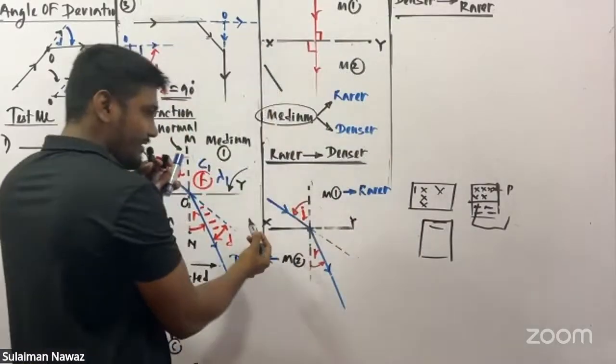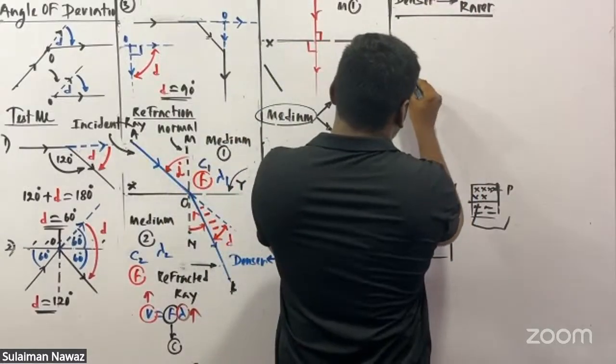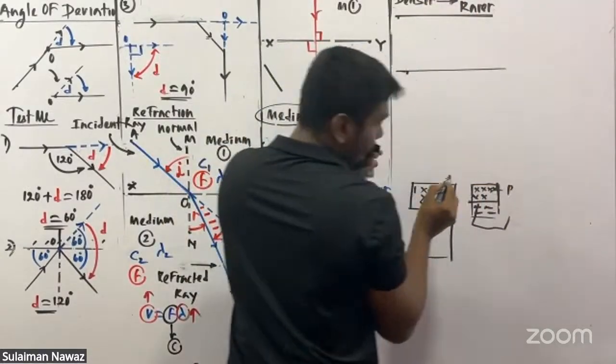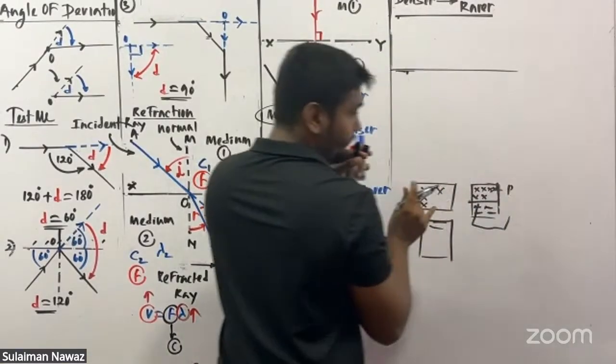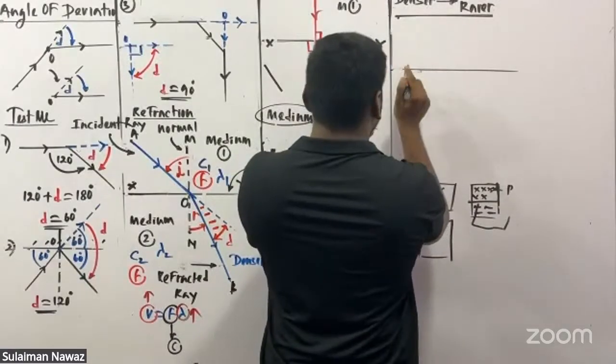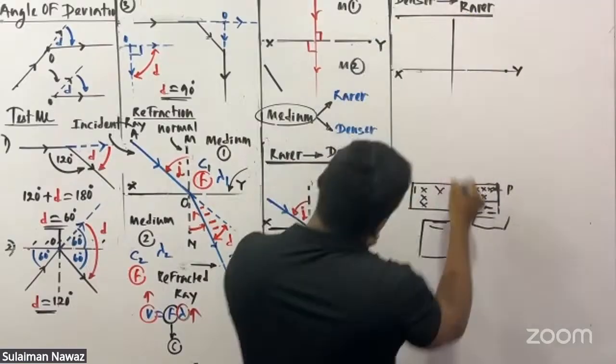Now, if the light ray enters from dense to rare, I draw the common interface. This is my common interface, XY, and the normal.